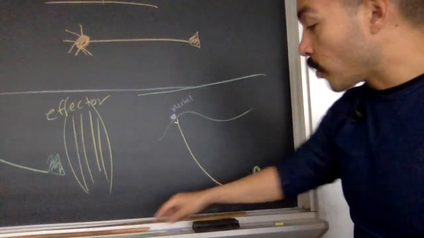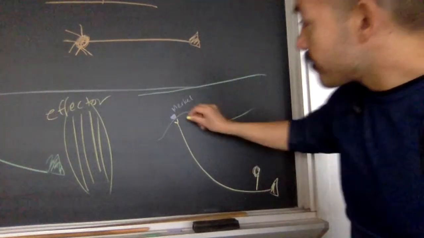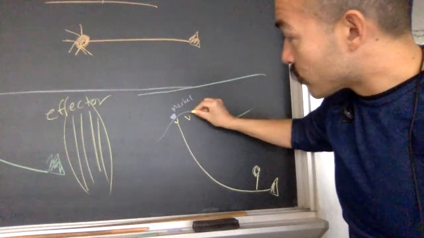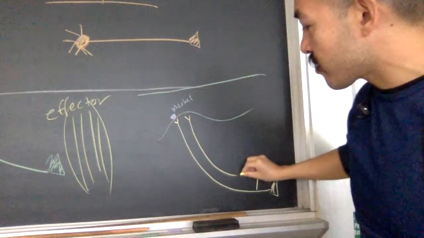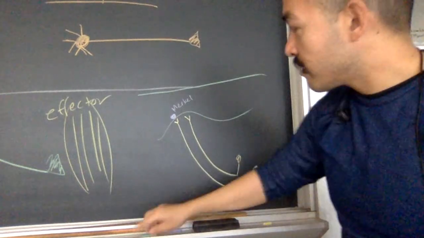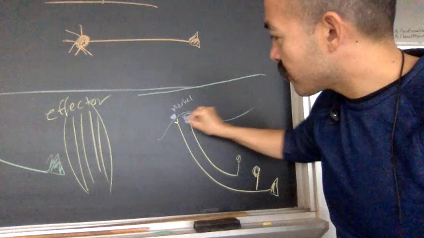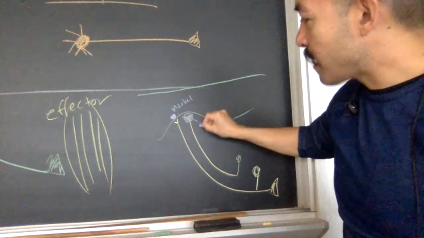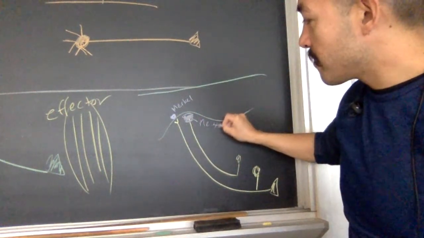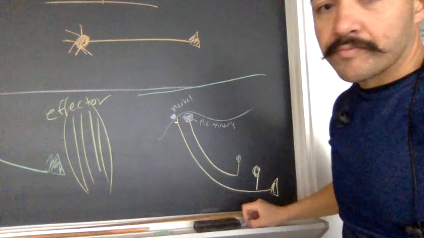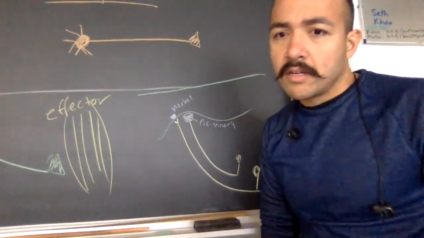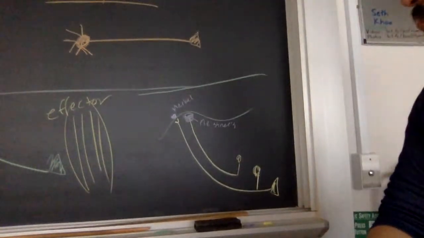So a Merkel cell is a special receptor cell. Something like a Meissner's corpuscle, you still have a nerve ending, a dendritic ending like this, but you've got connective tissue surrounding the dendrites. That's Meissner's and Pacinian.